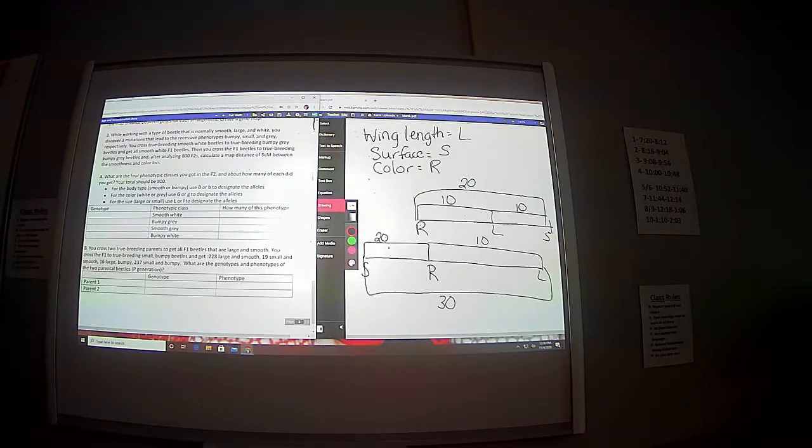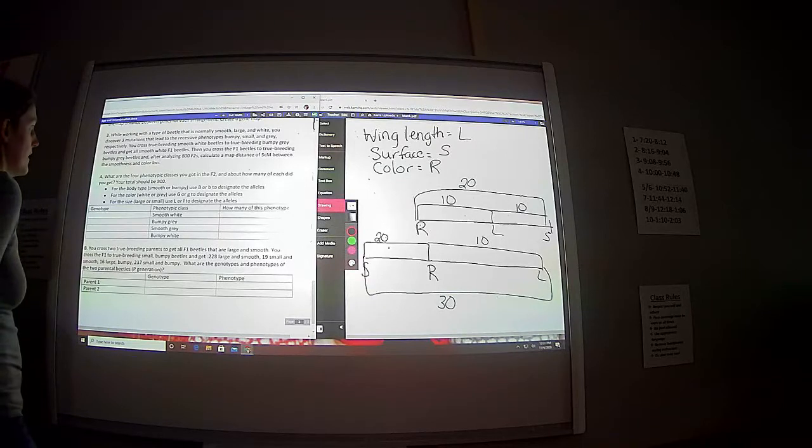You cross true breeding smooth white beetles to true breeding bumpy gray beetles and get all smooth white beetles. You then cross the F1 beetles to true breeding bumpy gray beetles. And after analyzing 800 F2s, calculate the map distance of 5% of 5 map units between the smoothness and the color loci.